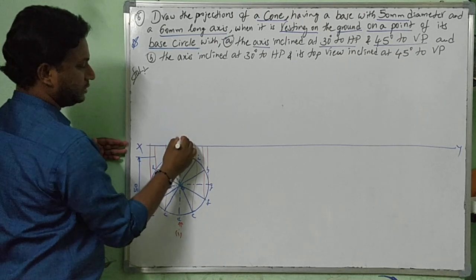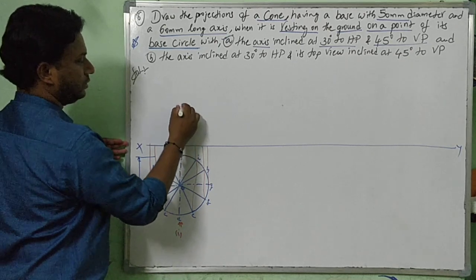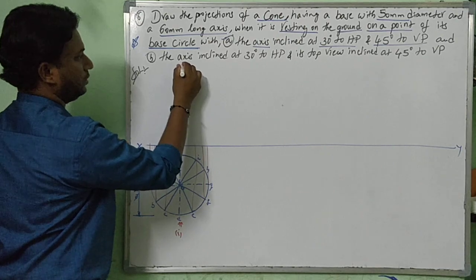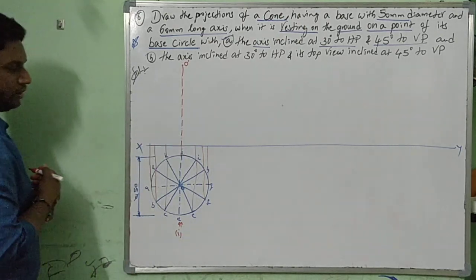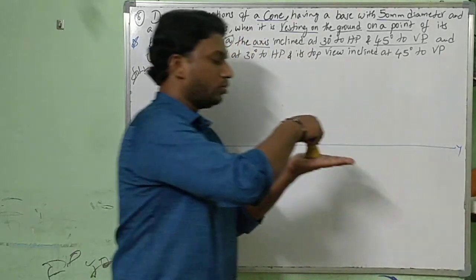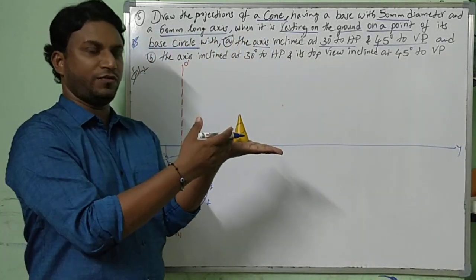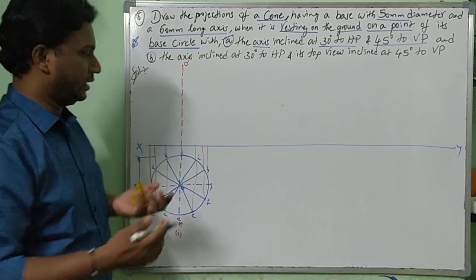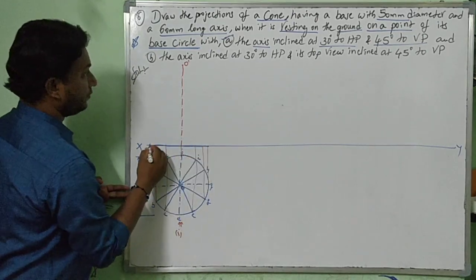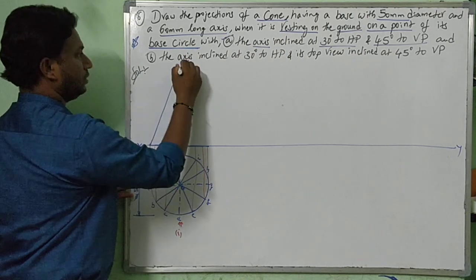Right, what is this? Dash apex point. Now from this we are supposed to draw the cone boundary. When you are looking from the front view, the cone looks like a triangle with base. Right, this is a thick line base. Now from here, just join.